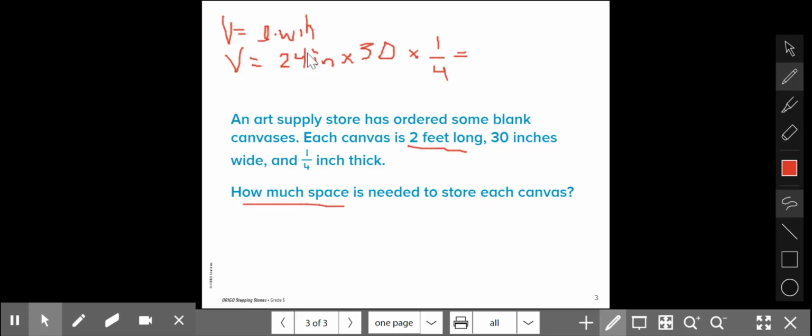Now, when you multiply, you can do this in any order that you want. What you might find handy would be to go like this. Let's just pick one part to do. I think I would like to do 24 inches times 1/4. So I'm going to put that right here, 24 times 1/4.